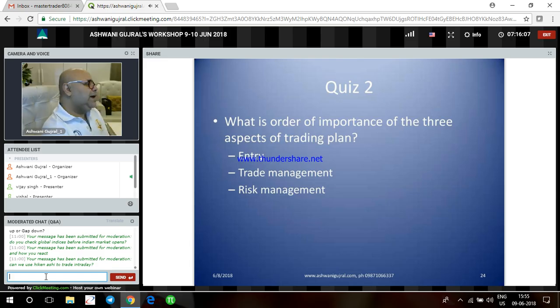I don't find any value in Heikin-Ashi intraday. By the time Heikin-Ashi tells you, why shouldn't you look at the chart directly and make the assessment? There are no automated machines which can decide for you.